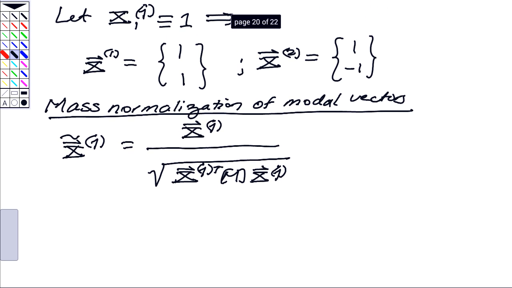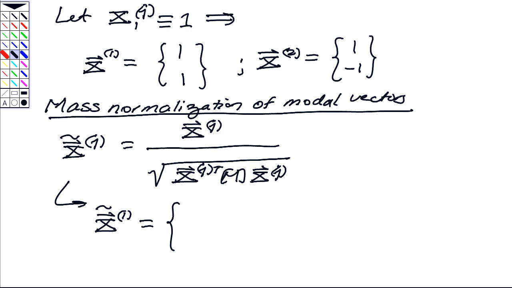So from this operation, what I get is that x1, the mass normalized modal vector, is [1, 1] scaled by 1 over square root of 2m.